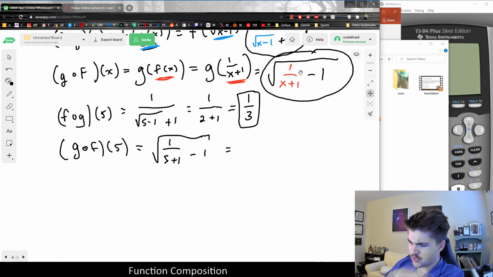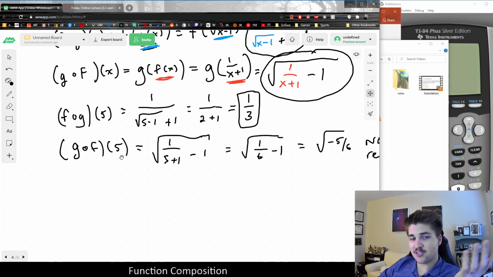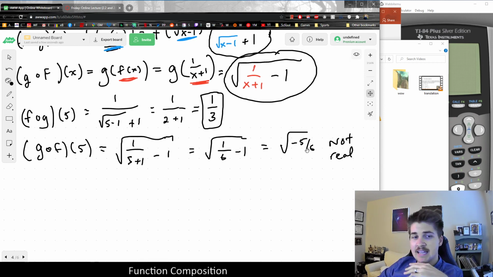And so here I would actually have the square root of 1/6 minus 1, and this would not even be in the domain, because this would produce a negative 5/6. And so we would get something that is not real. Whereas 5 was in the domain of each of the functions individually, 5 is not in the composed domain, just because of what has happened.